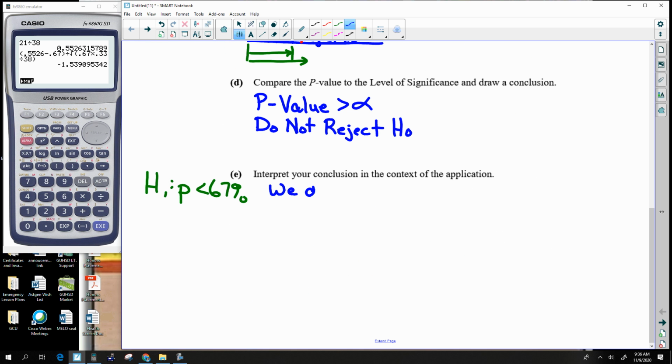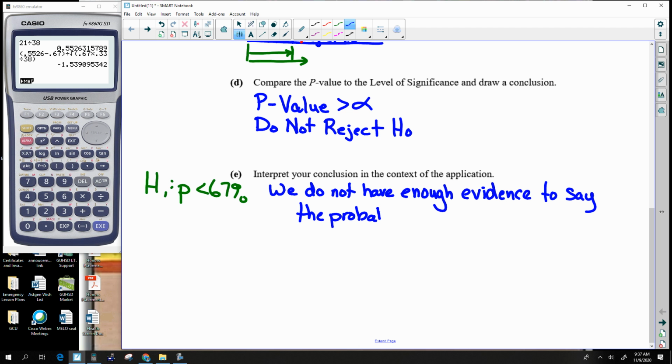So we do not have enough evidence to say the probability of female athlete graduation, I'll say a woman athlete graduating.